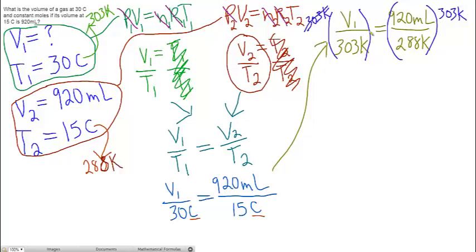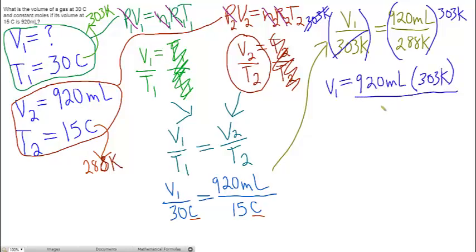That means they'll cross out on the left side. I'll be left with volume 1 equals 920 milliliters times 303 Kelvin divided by 288 Kelvin.